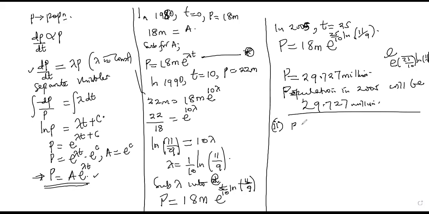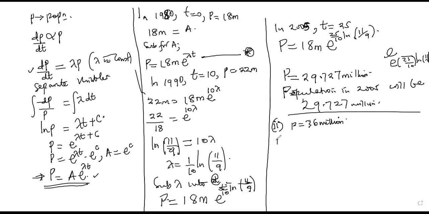So where P is 36 million, we want to get the value of T. Where we need T and P should be our reference equation, when all constants have been found.